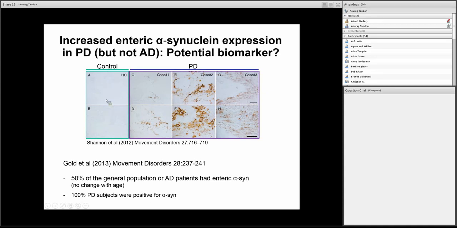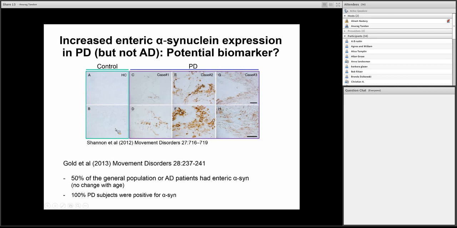And what they found in these control tissues was virtually no labeling of alpha-synuclein at all. And when they looked at the Parkinson cases, they established that there was significant alpha-synuclein labeling or pathology present in all of the Parkinson cases. So it was quite a striking finding.